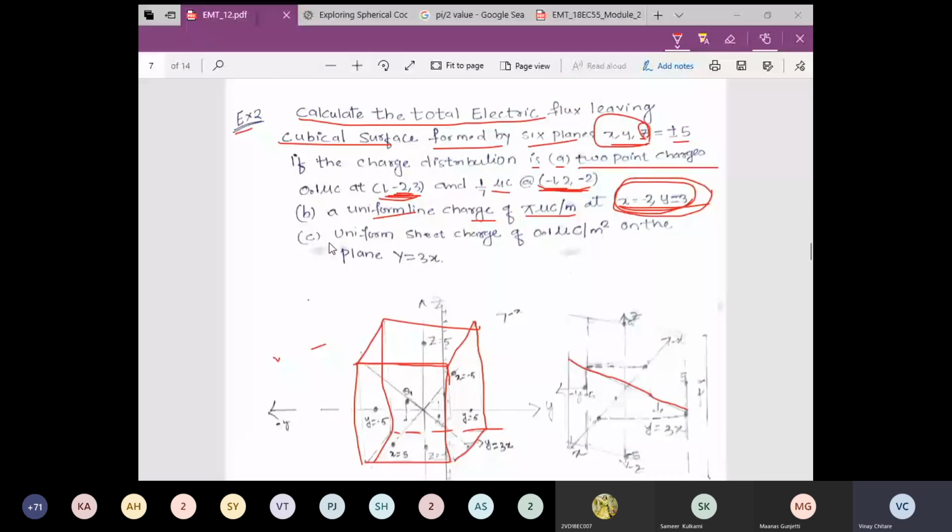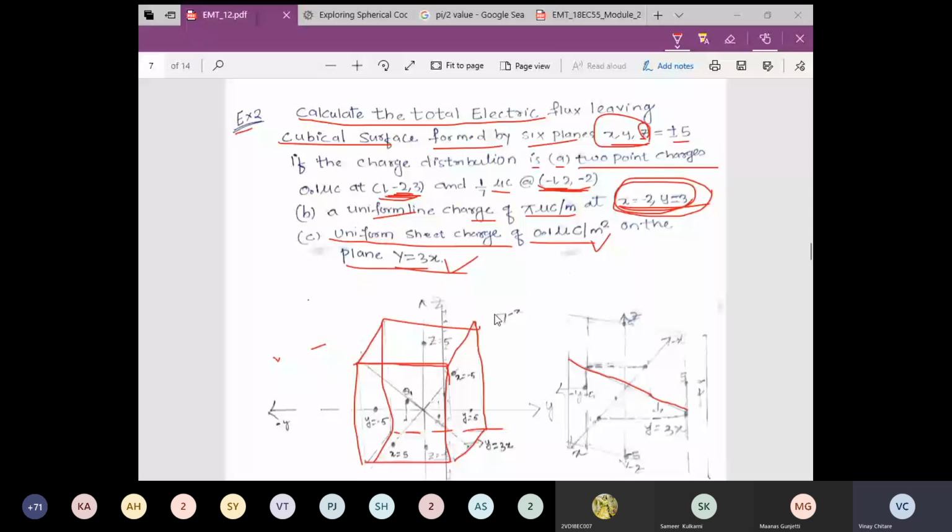It says a uniform sheet charge of 0.1 microcoulomb per meter square. They have given the surface charge, on a plane y equal to 3x. So they have not given it straightforwardly.